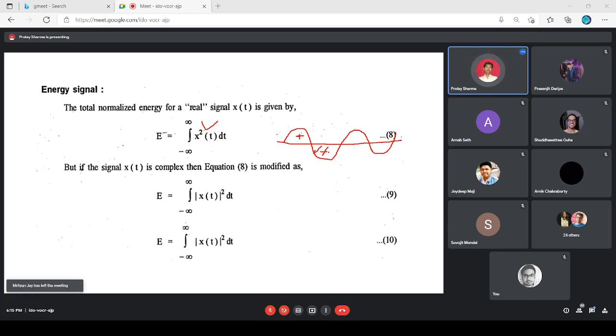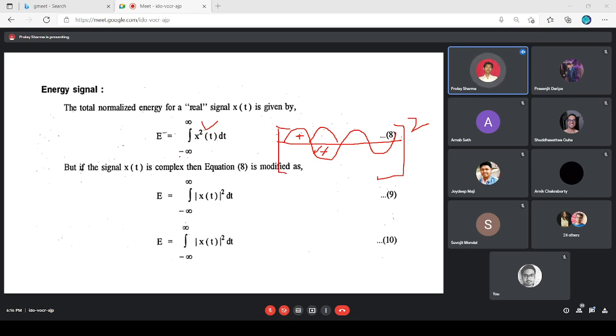That's why the measurement of energy is done by taking the square of this signal. If we make the square, the negative area will become positive area. Now if we perform the integration operation, then we can get a measurement of energy.